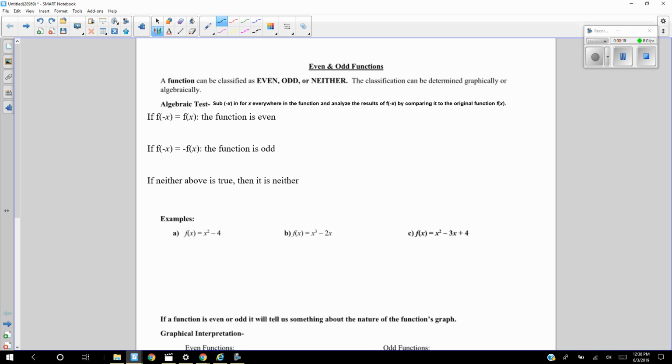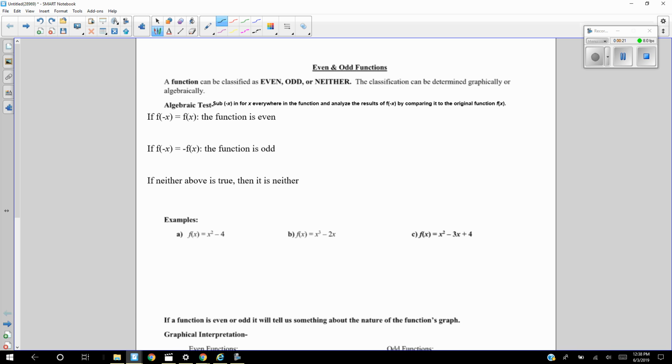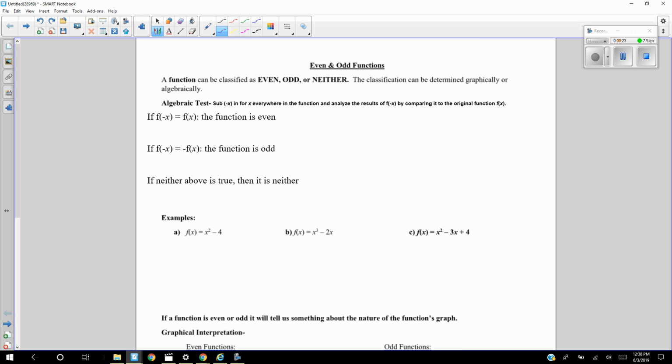We're first going to talk about the algebraic test to determine whether or not a function is even or odd. And you see there's some notation there. We're going to sub in negative x in for x everywhere in the function and then analyze the results.